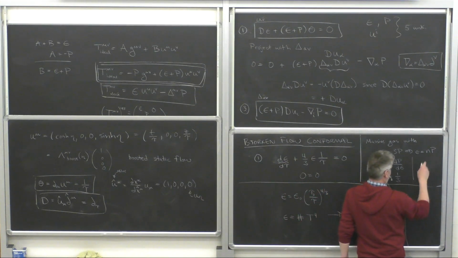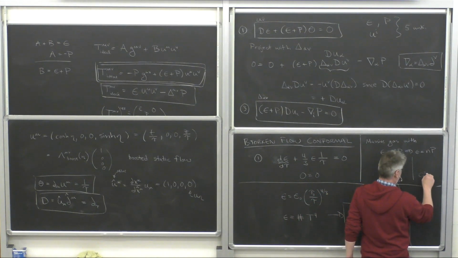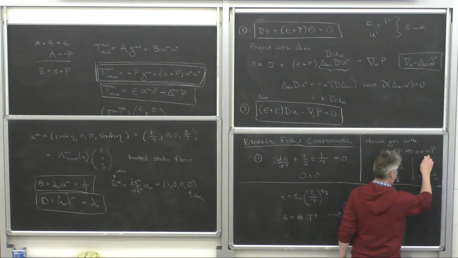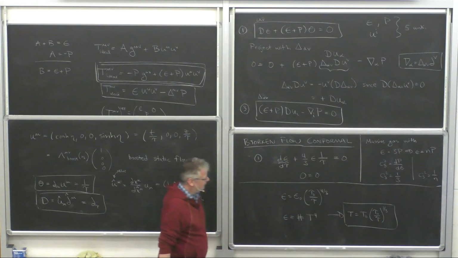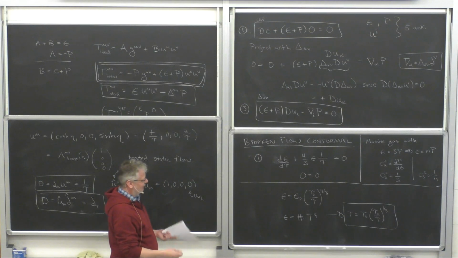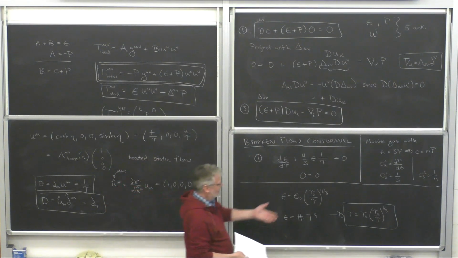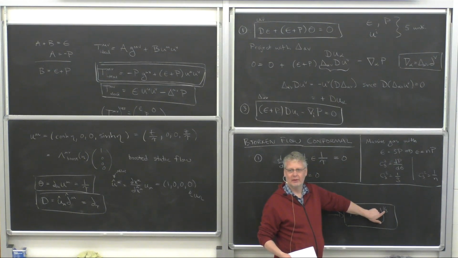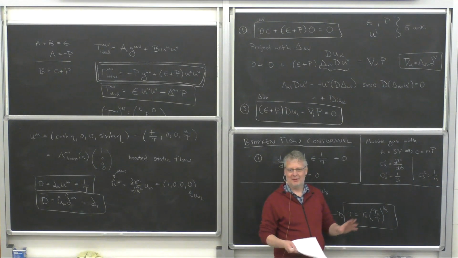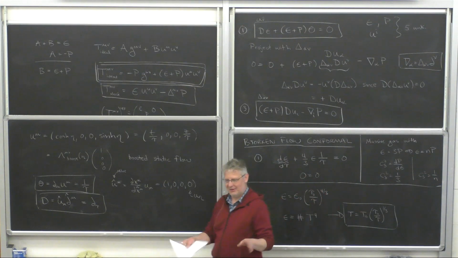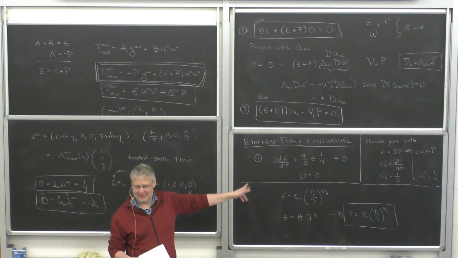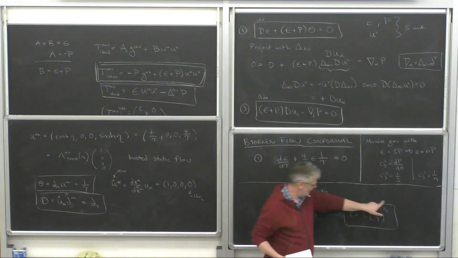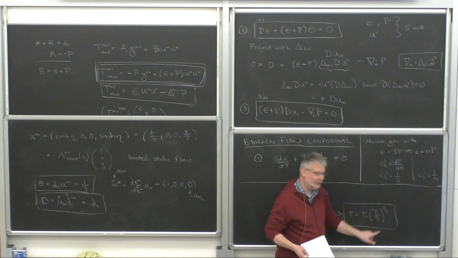In general, you'll just get CS squared is equal to 1 over whatever that number is sitting there, even for a non-conformal system with a constant speed of sound. So what generally appears up here is the speed of sound squared. Now, if the speed of sound squared depends on the local temperature and so on, then it gets complicated. But if it's a constant speed of sound, then what appears up here is simply the speed of sound squared.